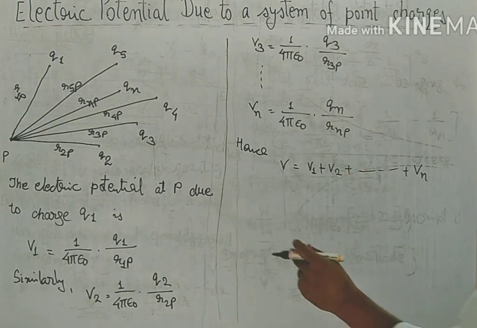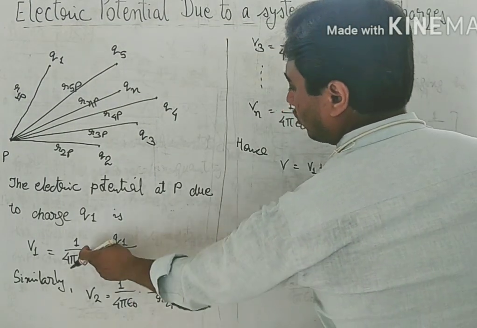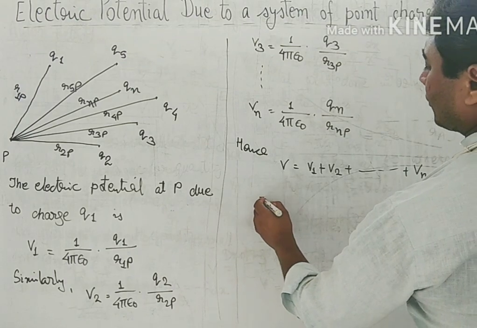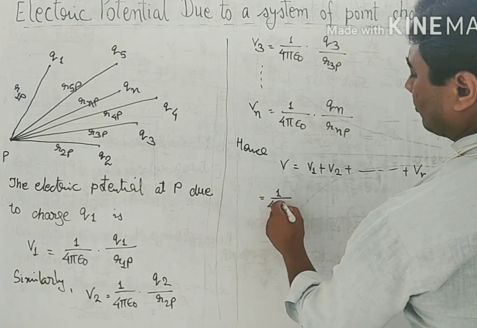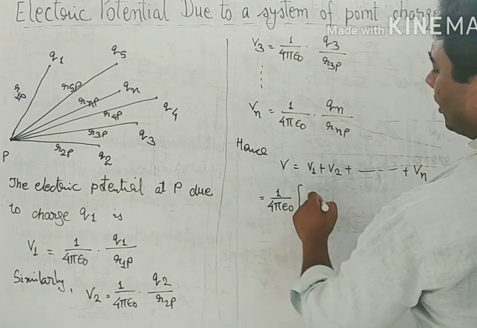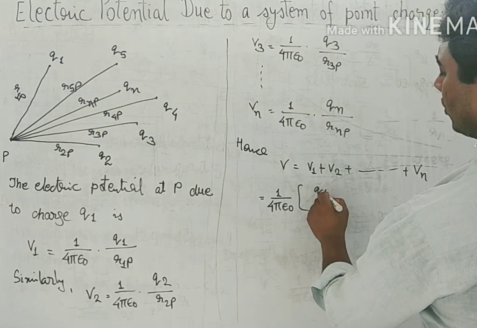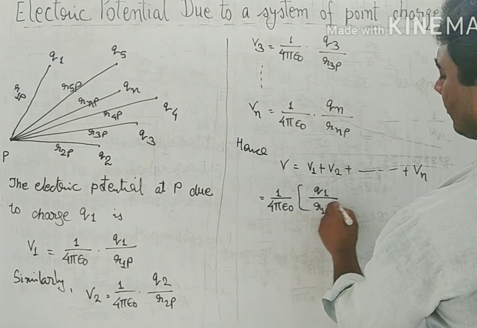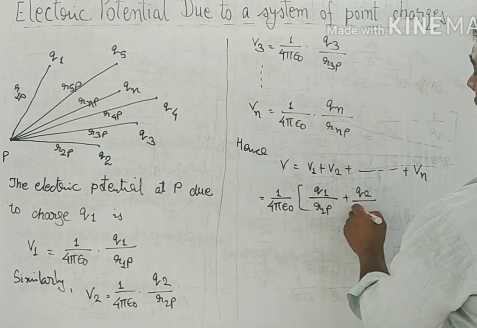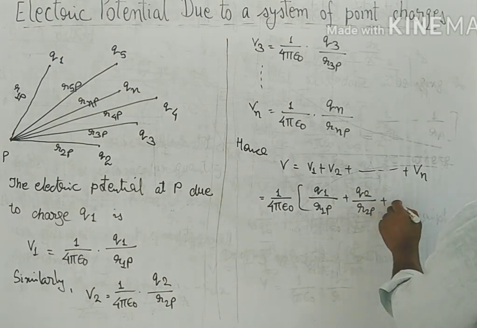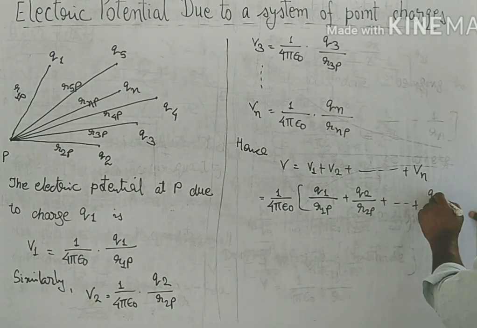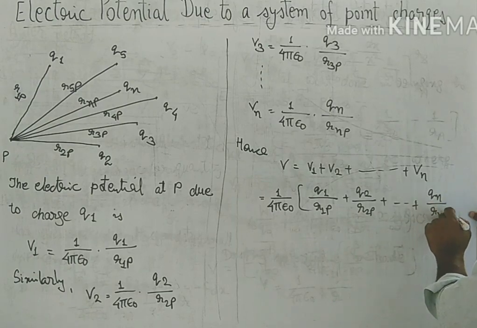Now placing what is common in all, 1 upon 4 pi epsilon naught, as a whole, and inside the bracket you can write Q1 upon R1P plus Q2 upon R2P plus Qn upon RnP.